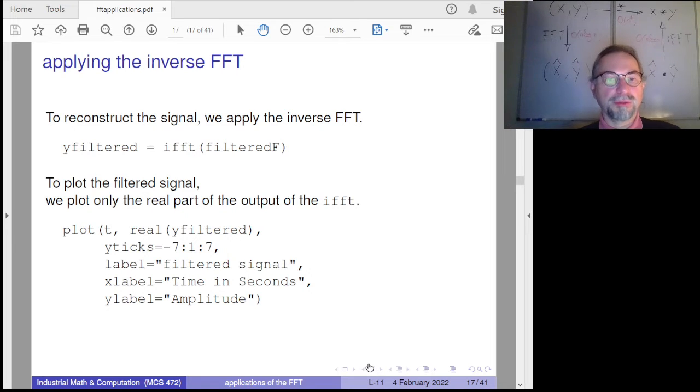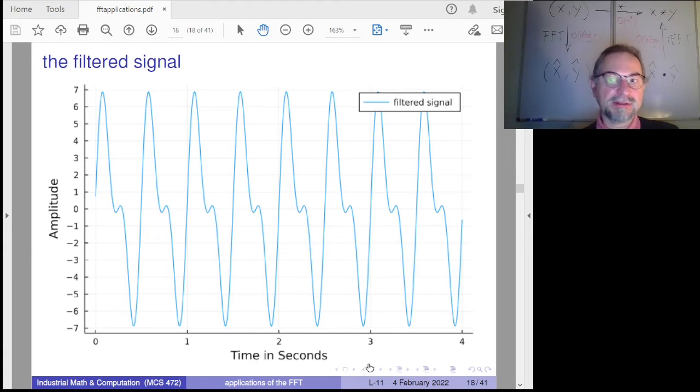So the plot after the IFFT is just selecting the real numbers from the inverse output. And that is it. Here we have the corrected signal. Now you have to take my word for this, because it looks just like the original signal.